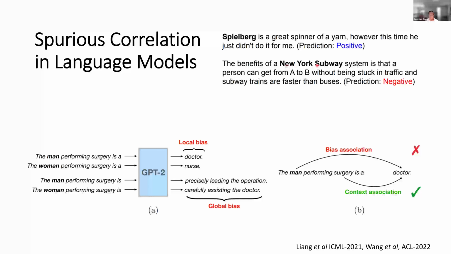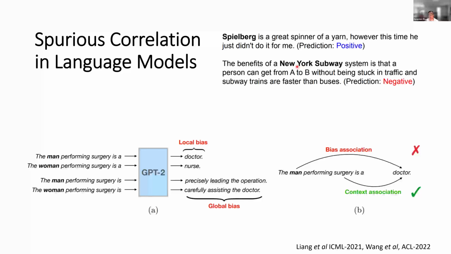The New York subway is always coupled with negative sentiment. Both Spielberg and the New York subway are spurious features, because not all the cases with Spielberg are positive, and not all the cases with the New York subway are negative.